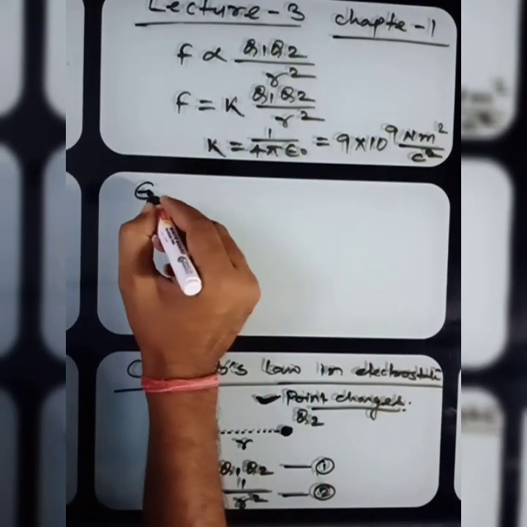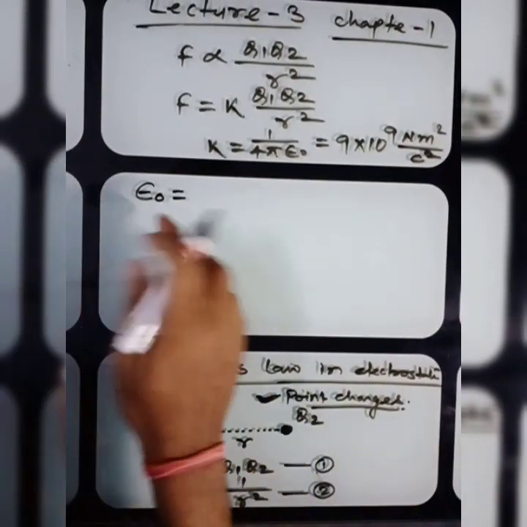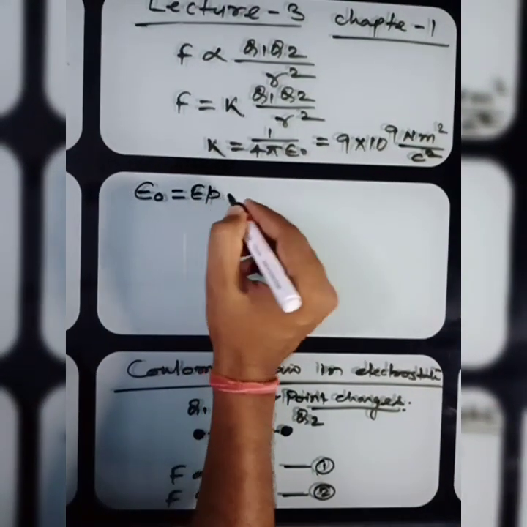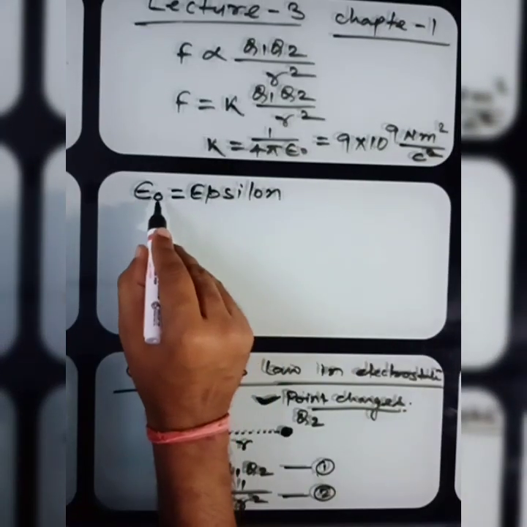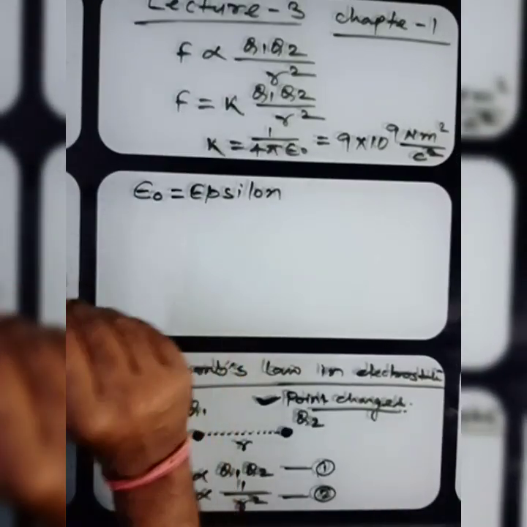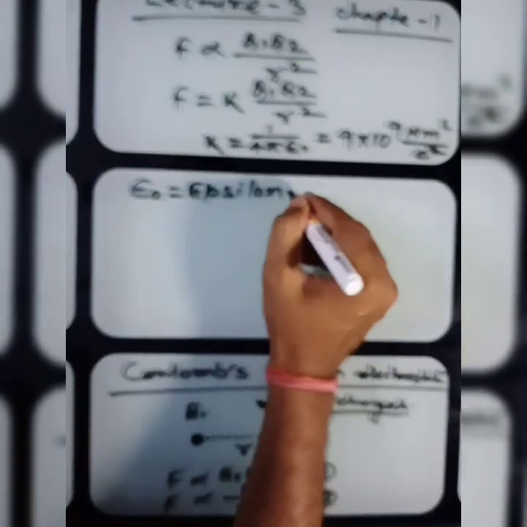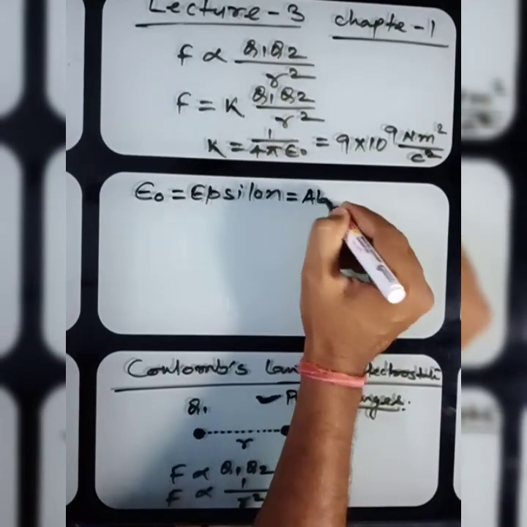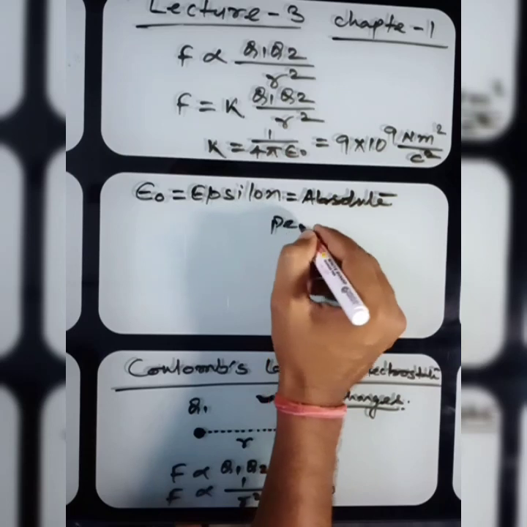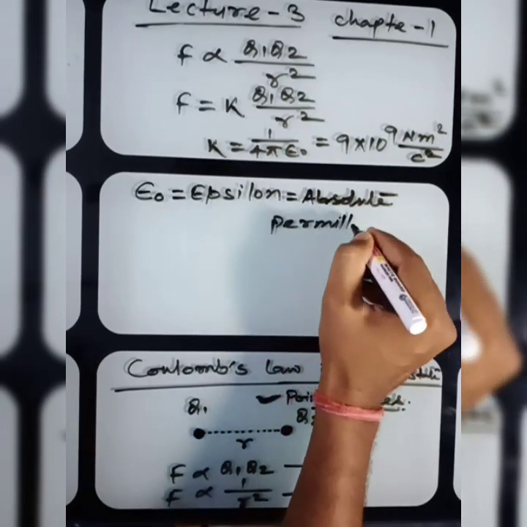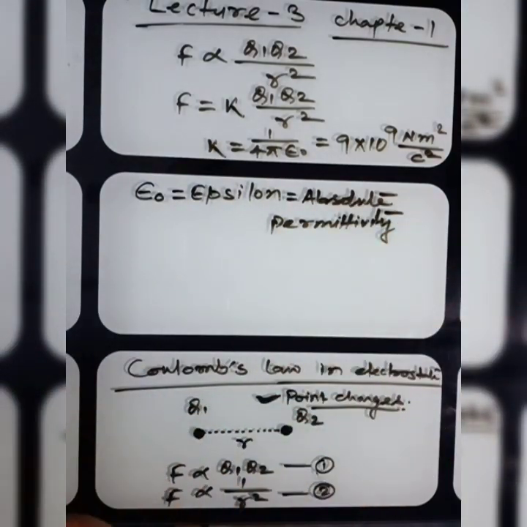Here epsilon naught, the naught represents the absolute value. So epsilon naught is called absolute permittivity.